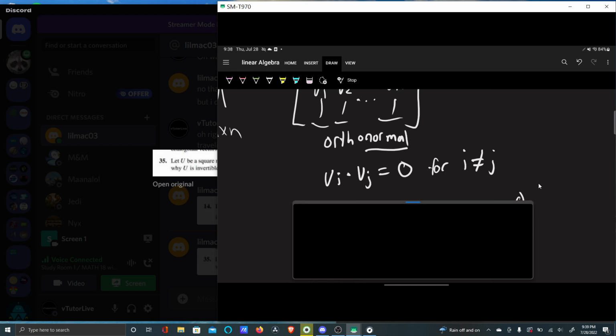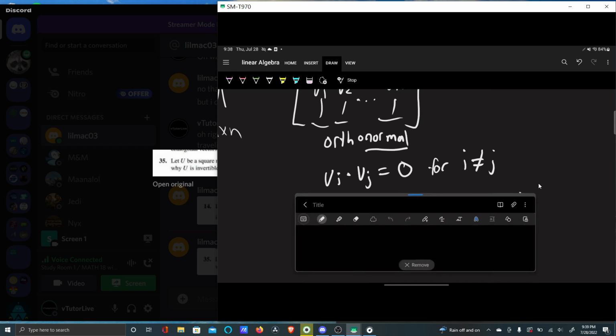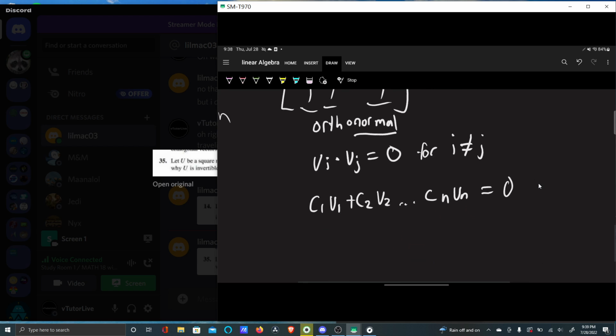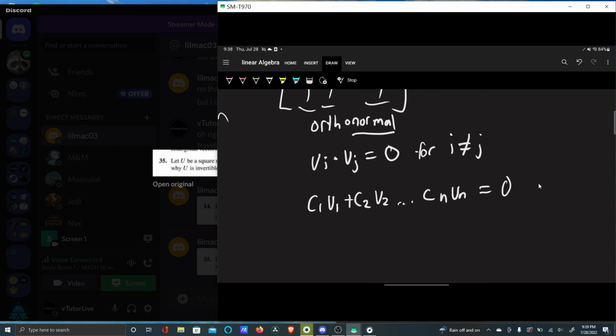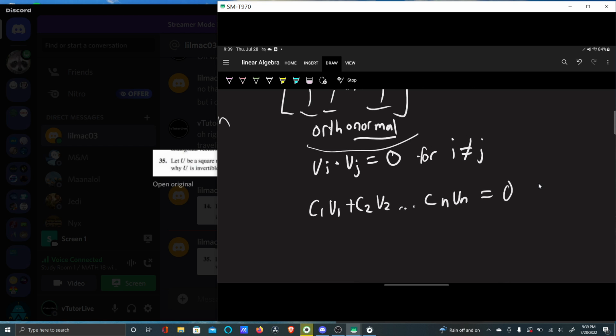Are you familiar with the idea of proving by contradiction? As in, it doesn't do this, so then it has to do this. Yeah, that's a way of saying it. We want to prove that given that it's orthonormal, it's impossible for this to equal 0 for non-trivial c's.